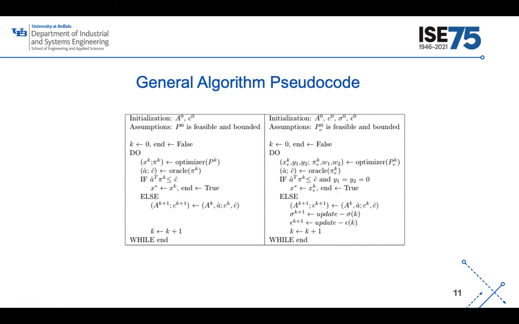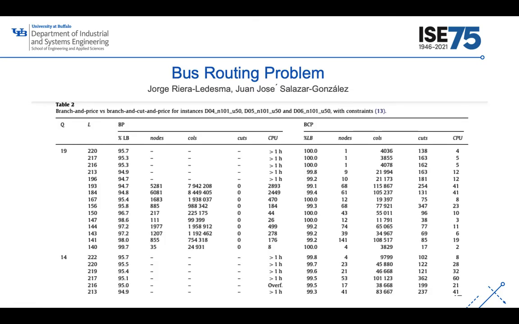It's pretty tough to find a good numerical example, but I think it makes sense to show a sample set that someone did where they used a stabilized method and it saved them a lot of computational time. This is a bus routing problem done by these three authors in one of their papers. The problem is figuring out bus routes to pick up children from various stops and bring them to school.